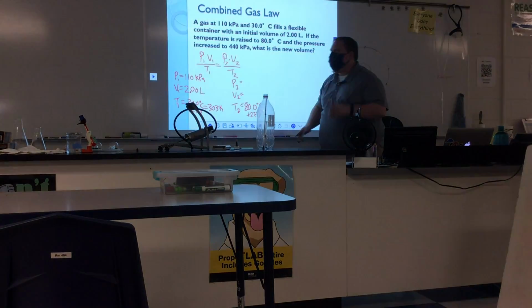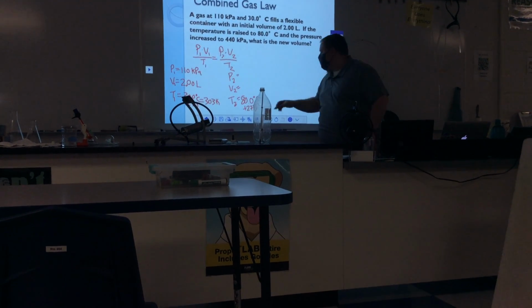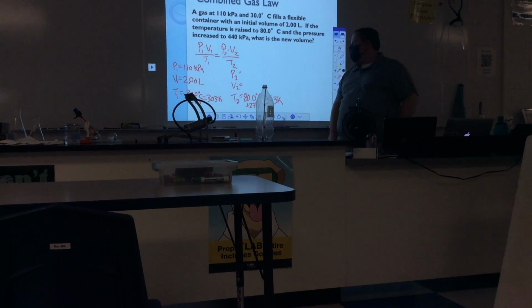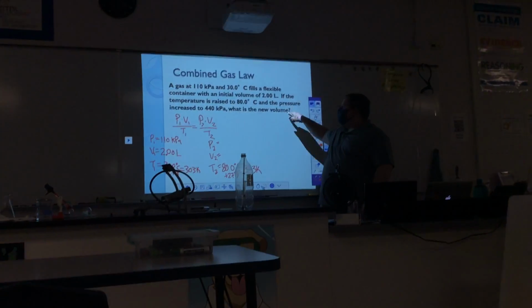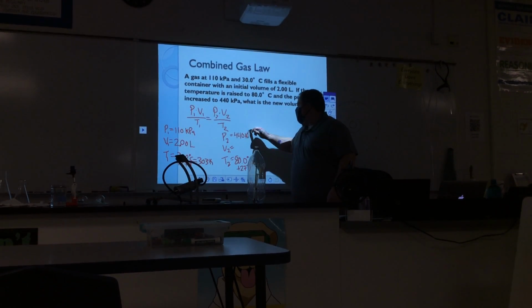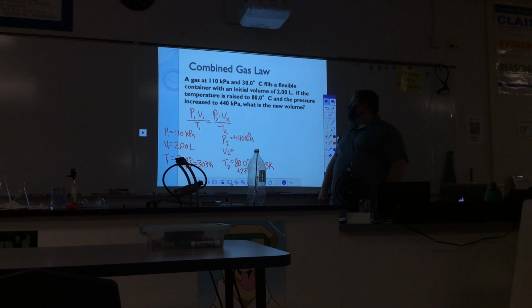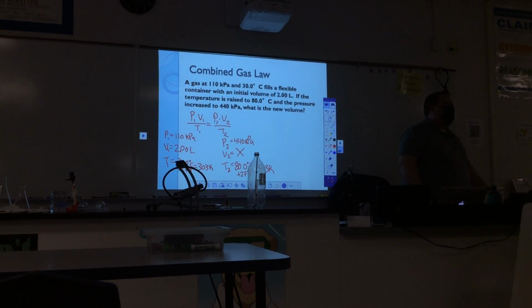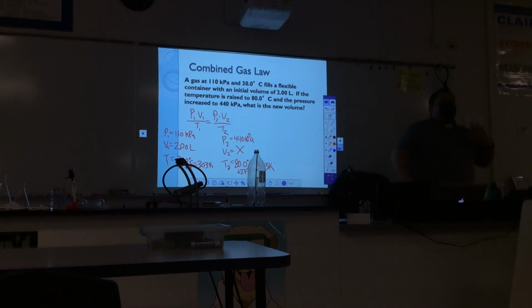Gives me 353. Okay, 353. Pressure is increased to 440. What is the new volume? That's the thing I don't know. So we have 5 numbers and 1 we don't know.